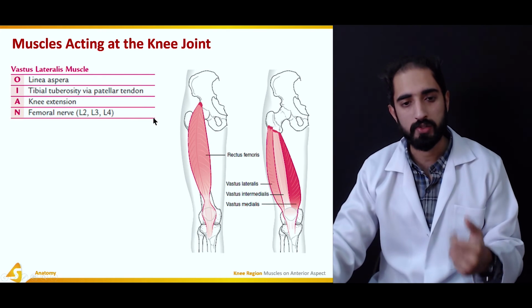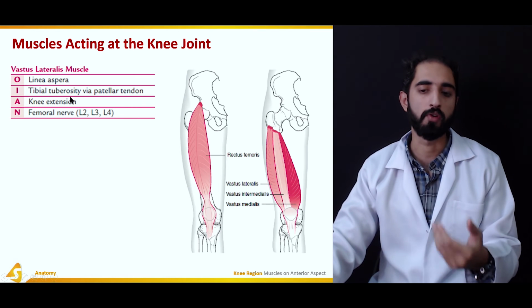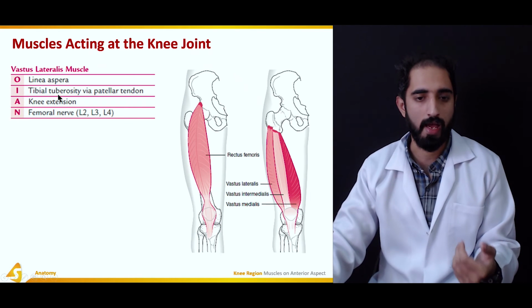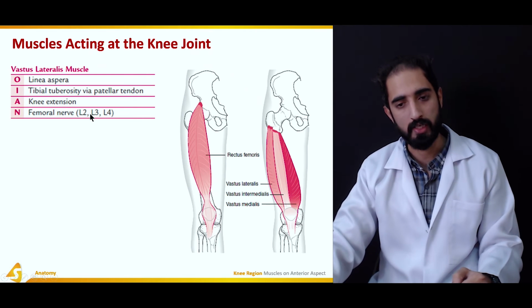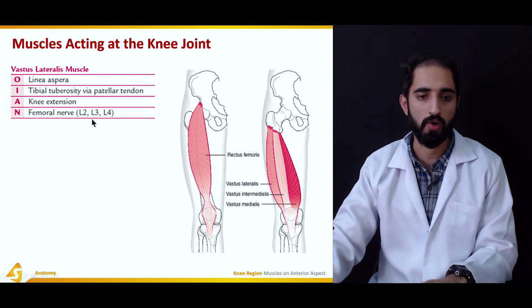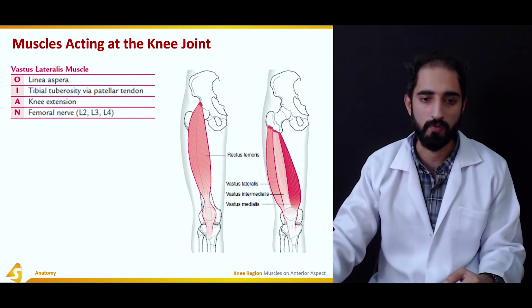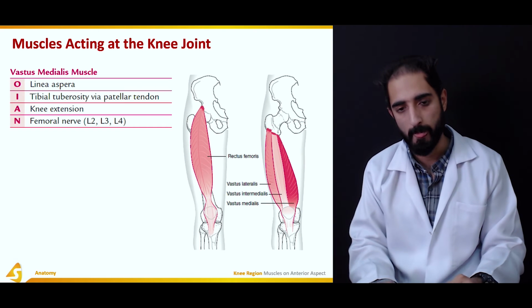The vastus lateralis originates from the linea aspera, and it inserts in the common insertion, the tibial tuberosity via the patellar tendon. Once again, the function is knee extension only, and the nerve supply stays the same, the femoral nerve L2, L3, and L4.